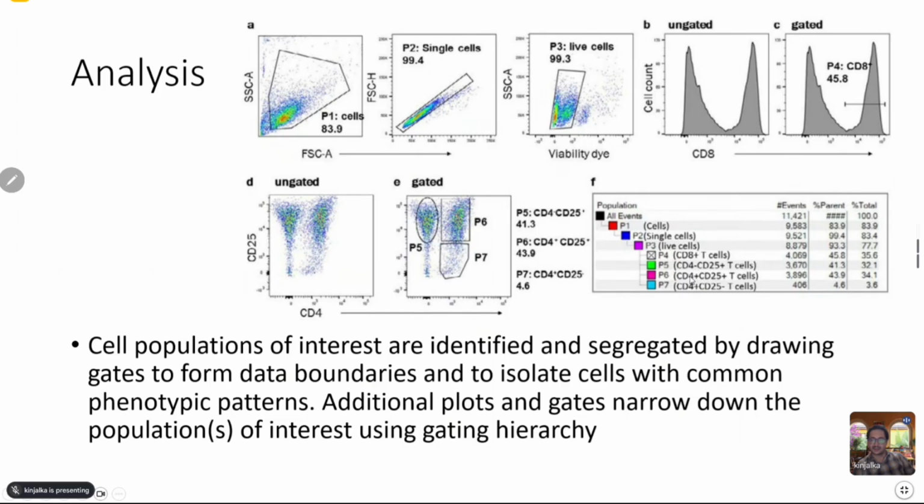You have P6, which is CD4 positive, CD25 positive, both positive T cells. Then you have CD4 positive but CD25 low, on the lower quadrant. So P7 indicates these kinds of cells and the number of events. If the events are less than 5,000, it is not very conclusive. The ones with more than 5,000 are good, and you are more confident of your results then.